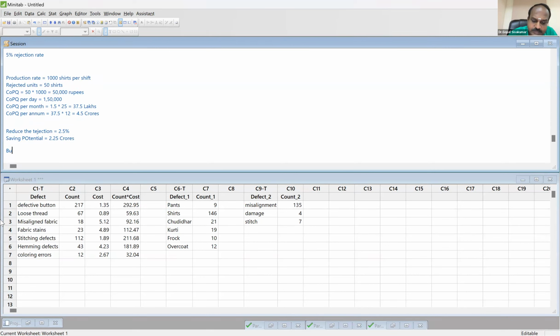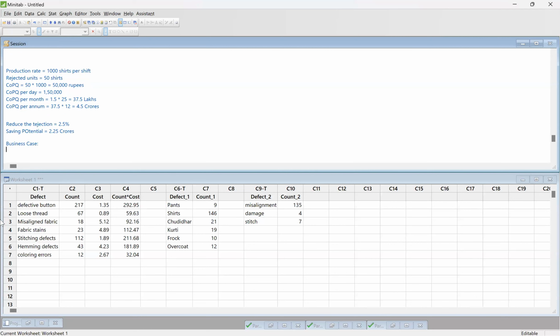Do you understand a business case in this project? Business case means the financial benefit from the project, which is 2.25 crores a year.